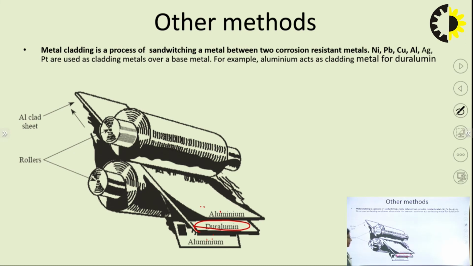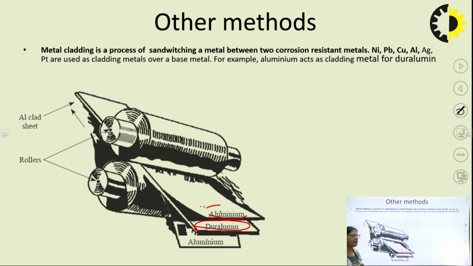Now here, duralumin is getting protected by a covering of aluminium above and below. We all know we use aluminium utensils. Why? Because aluminium in the presence of an oxidizing environment forms a very thin oxide layer on its surface.